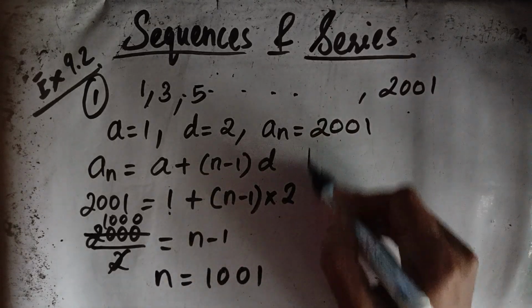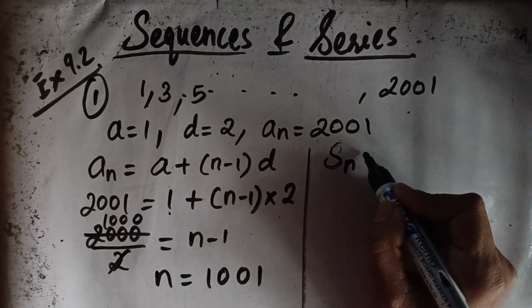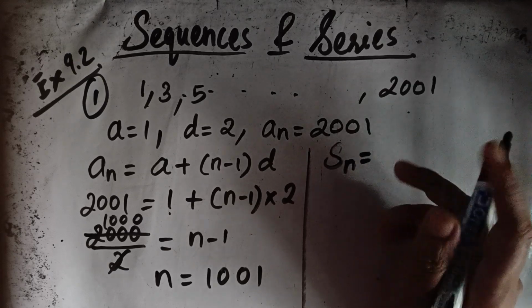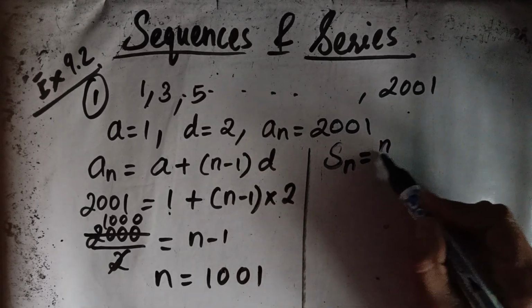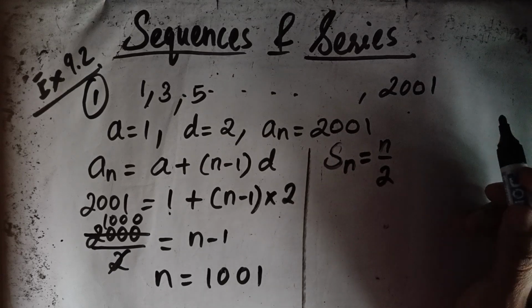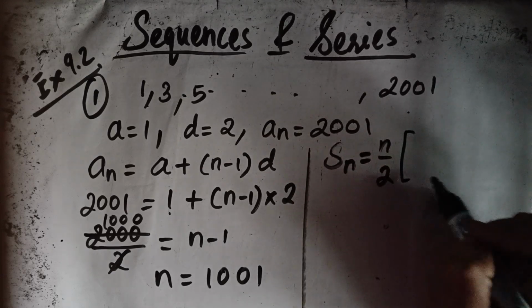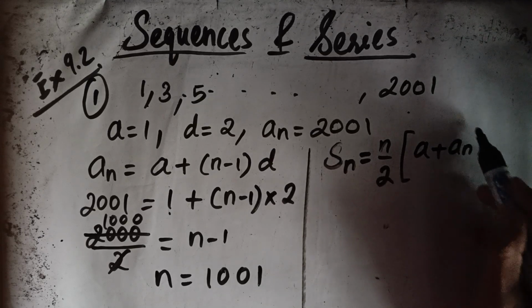This N you have to use for finding Sn, that is the sum. Sn has two formulas. First one is n by 2 into 2a plus n minus 1 d, and the second formula you can use is n by 2 into a plus an.